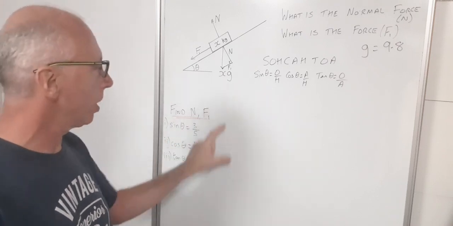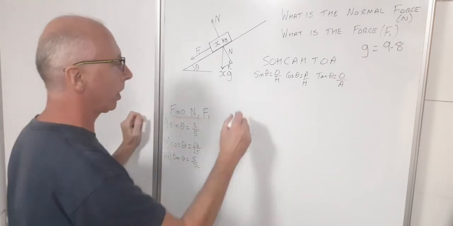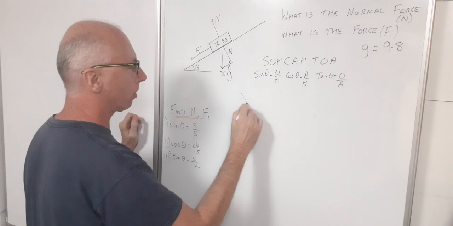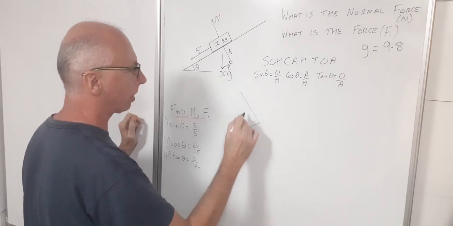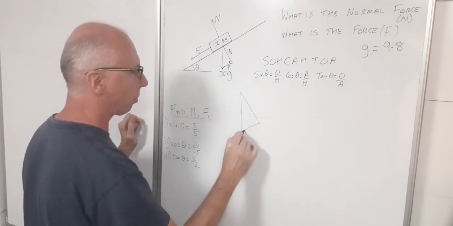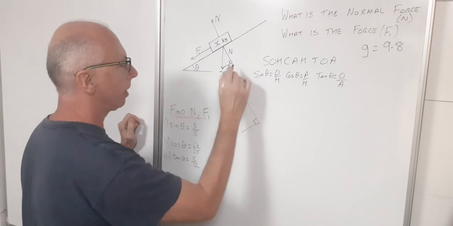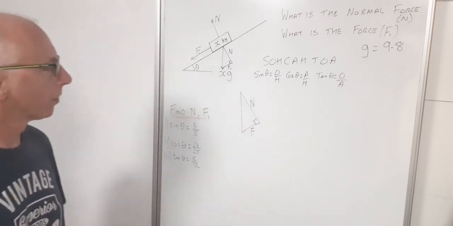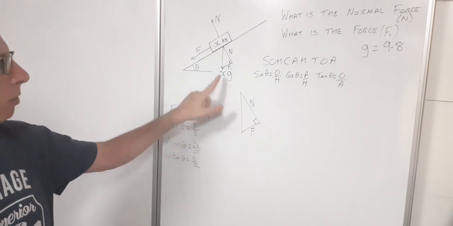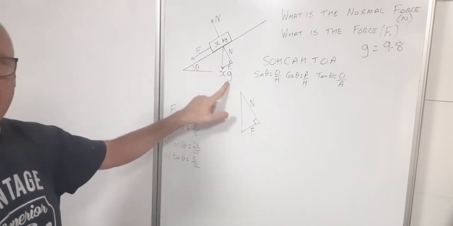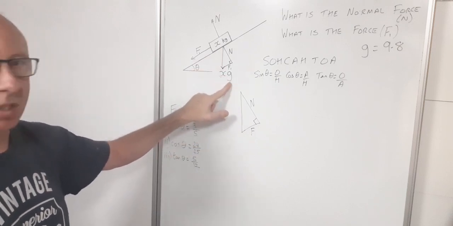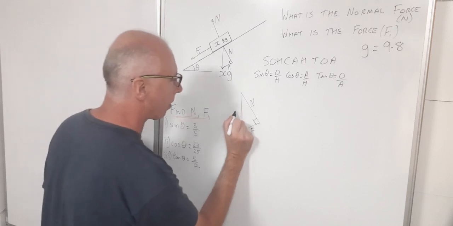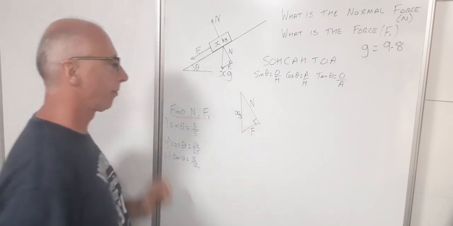So let's draw a slightly bigger version on the board. Let's copy this triangle there. We've got a right angle and a line going straight down. Now that's our normal, and that's our force 1. This one here we know is equivalent to xg, the mass of the box times the gravitational constant. So that there is xg.